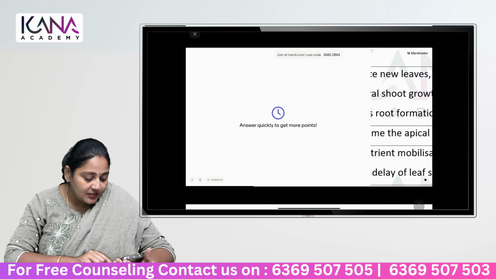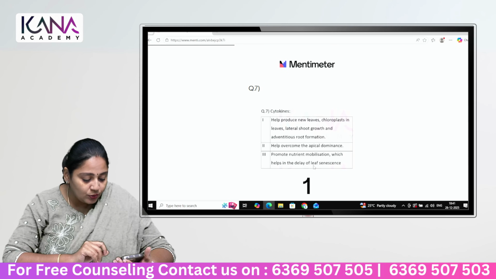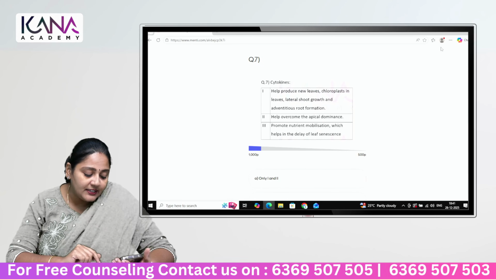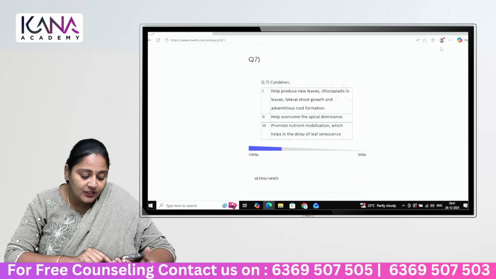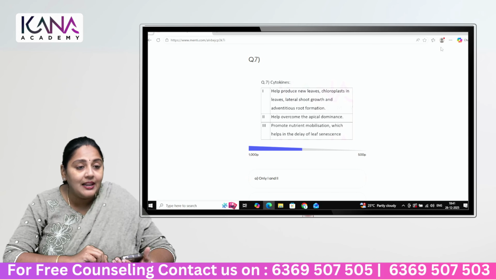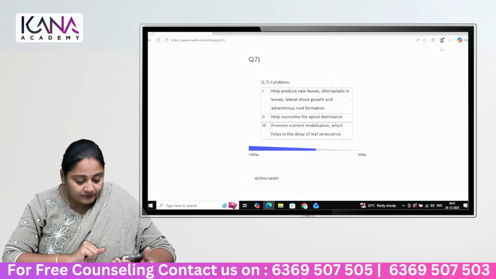But the seventh question is about cytokinins. Cytokinins பத்தி மூணு விஷயம் கொடுத்திருக்காங்க. So the first statement about cytokinins: help produce new leaves, chloroplasts in leaves, lateral shoot growth and adventitious root formation. Second one is help overcome the apical dominance. Third one is promote nutrient mobilization, which helps in the delay of leaf senescence. என்ன combination?